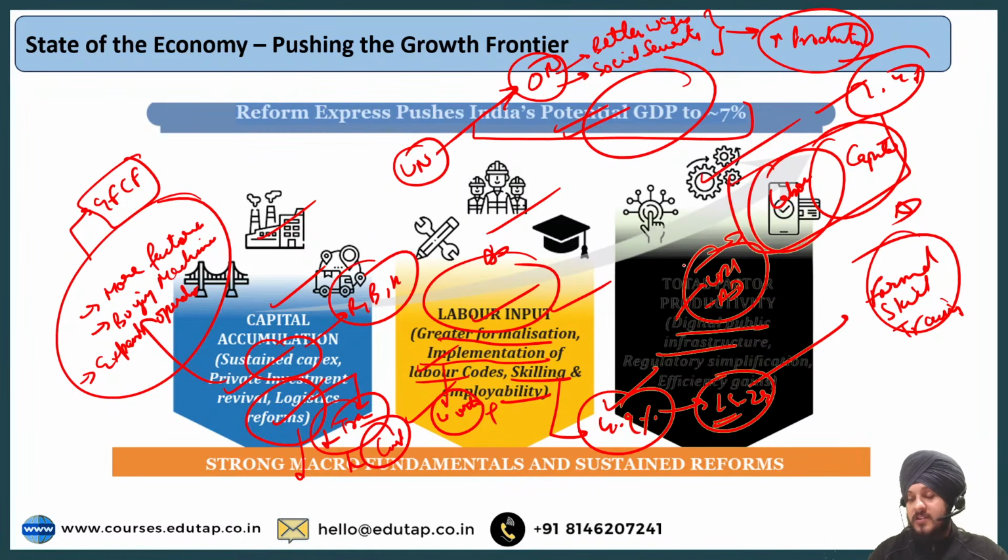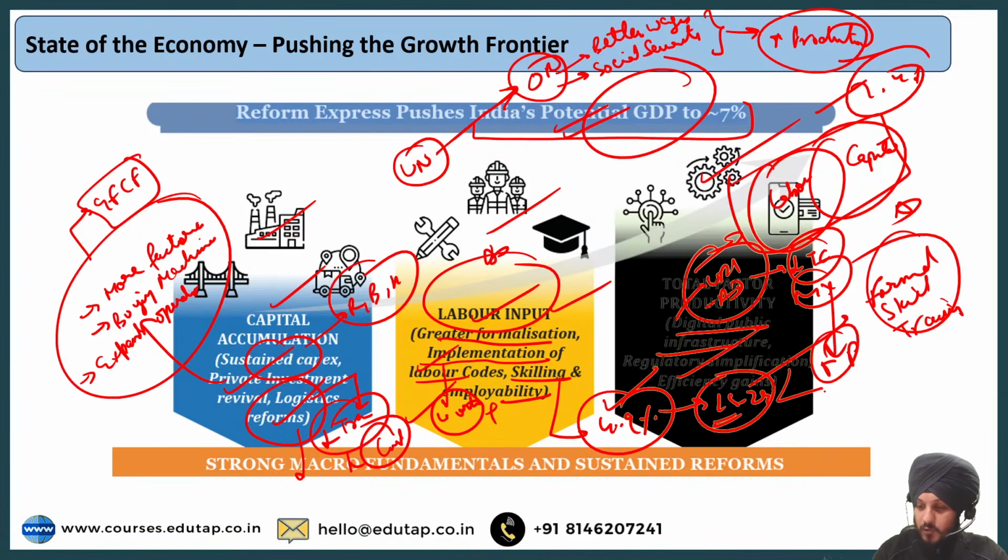All such things need to be pushed, right? Why is it so? So that it can reduce the transaction costs. It can eliminate the middlemen also, right? Apart from that, that's how it is going to increase productivity, by reducing the administrative frictions, right? The second can be regulatory simplification, that is of course to promote ease of doing business. And the third is of course the efficiency gains, right? So which is going to be there.